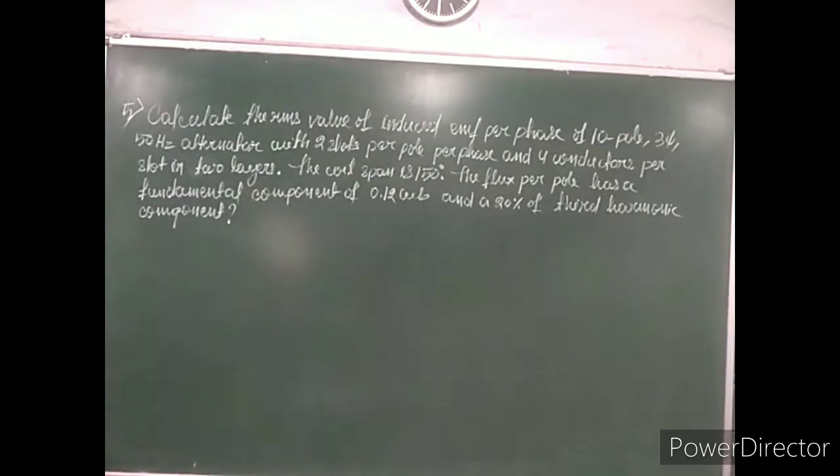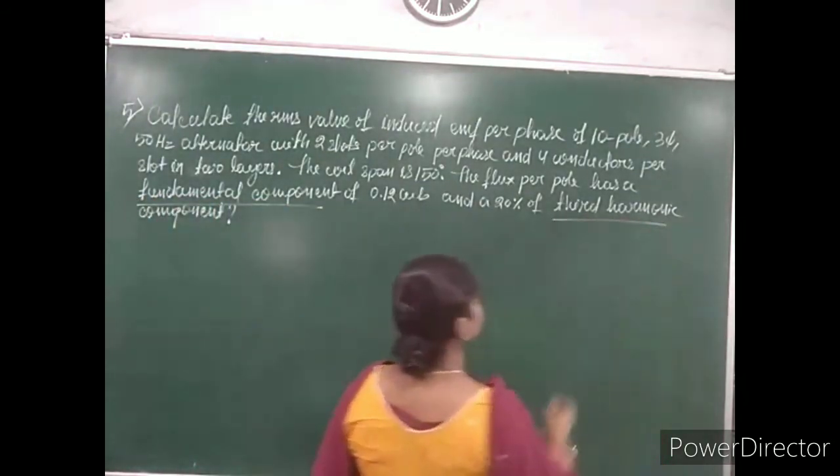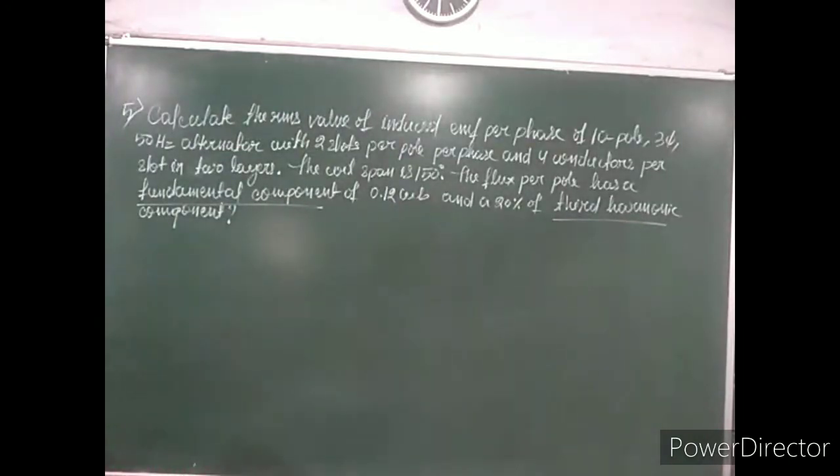It means the armature conductor is a short pitched coil, and the flux consists of both fundamental and third harmonic components. And the question is to find the generated EMF per phase.